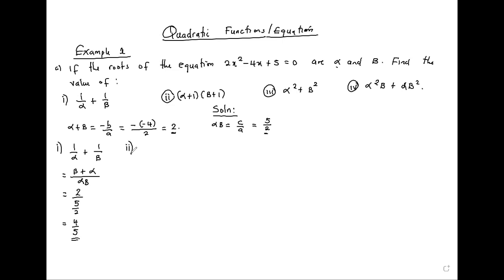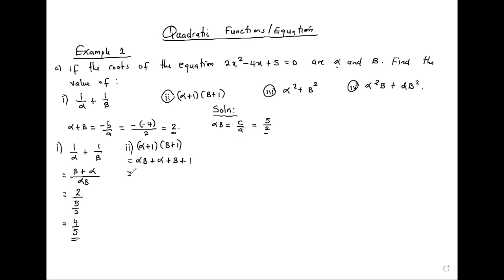Two, alpha plus 1 times beta plus 1. Expand. Alpha times beta, we'll get alpha beta, plus alpha times 1, we'll get alpha, plus 1 times beta, we get beta, plus 1 times 1, 1. What is alpha beta?